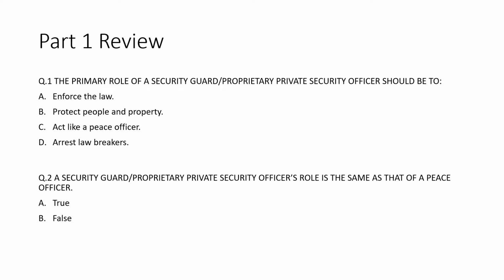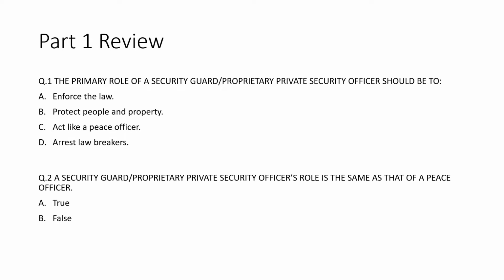So question 1. The primary role of a security guard, proprietary private security officer, should be to enforce the law, protect people and property, act like a peace officer, arrest lawbreakers.